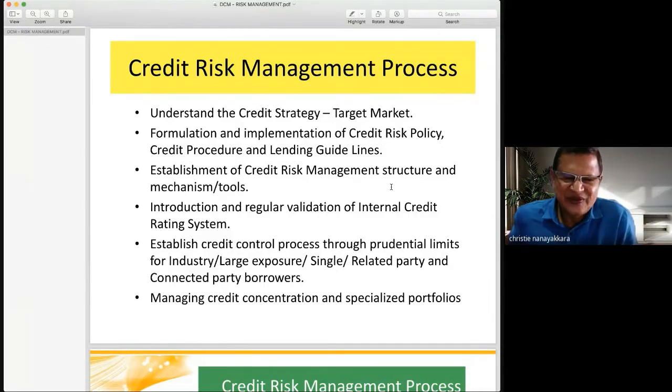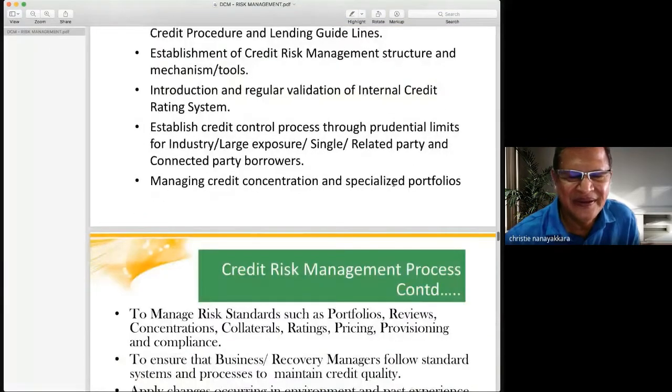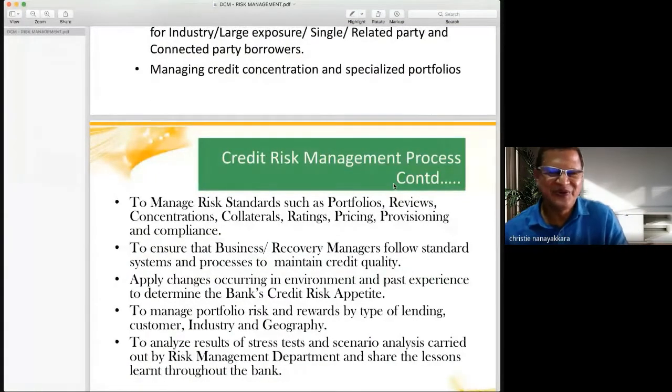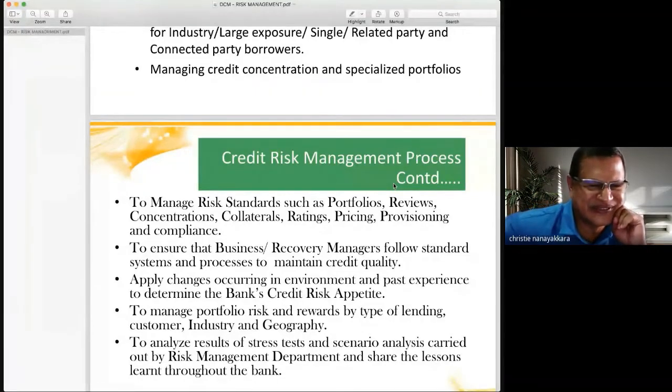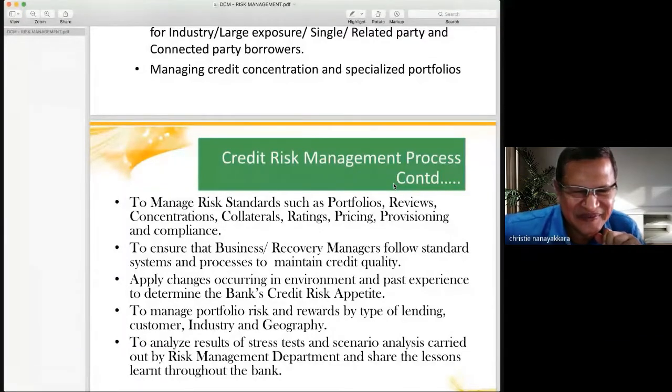Managing credit concentration and specialized portfolio is a method they follow to manage concentration risk. So to continue that, they will review concentrations. They will also look at collaterals. They will look at the ratings of the customer. They will look at what interest rate you have charged.